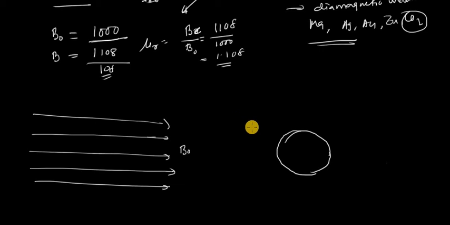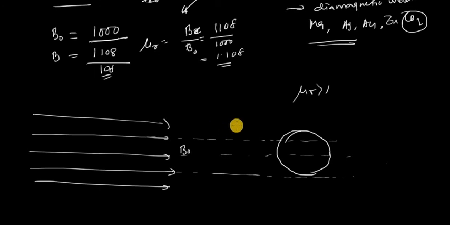Originally in this region there are maybe two lines of force, but due to this paramagnetic sample, since mu r is just greater than 1, the lines of force increase.